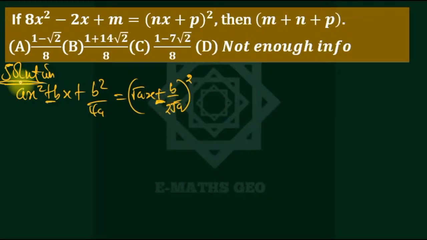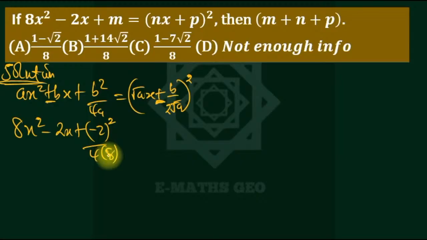So that's the knowledge. So here we can see that 8x squared minus 2x, we'll add, what is b here? B is minus 2. So we'll add minus 2 all squared over 4 times 8. A is 8. Do you get? It is 8. Why b is minus 2.